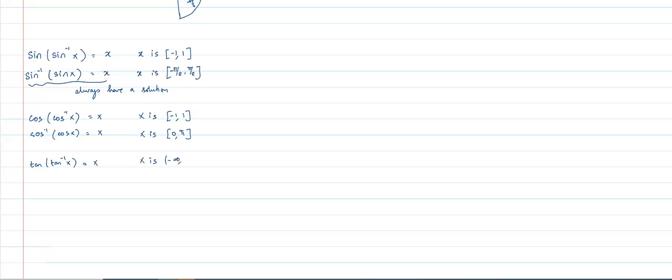So for tangent, you can input any real number. So now knowing all of these, let us go ahead and answer starting from question number 39. It is cosine inverse of cosine 4 pi over 5.